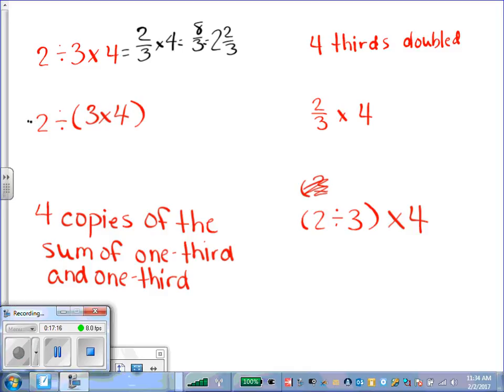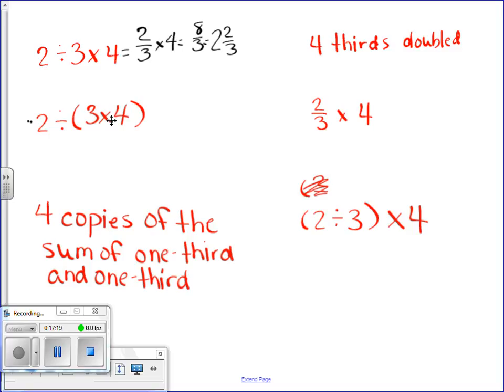So with 2 divided by 3 times 4, since this one is in parentheses, you do this one first. 3 times 4 is 12. So with 2 divided by 12, this would be 2 divided by 12. Oh, darn it. My brain's not working. 4 copies of the sum of 1/3 and 1/3.